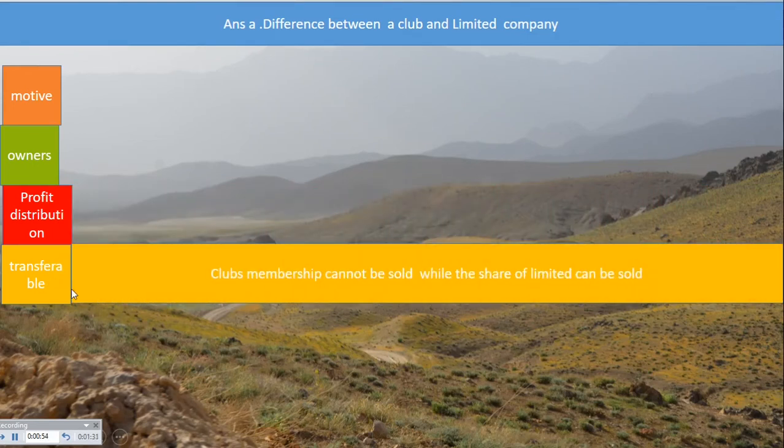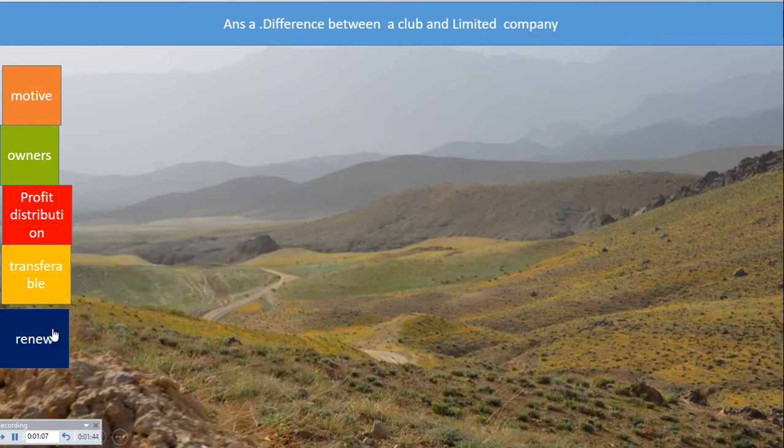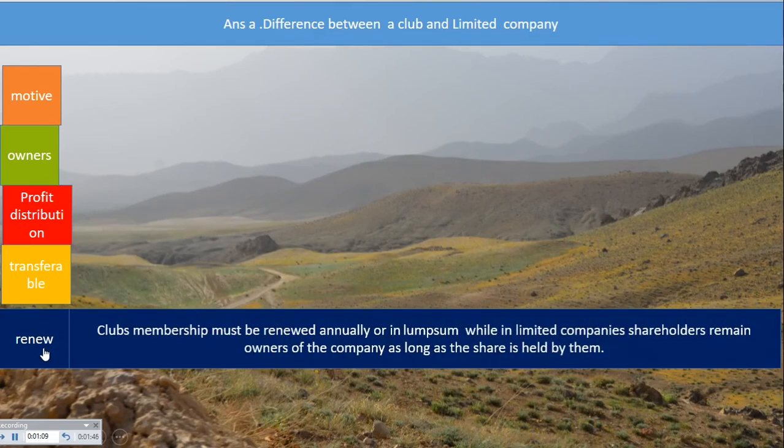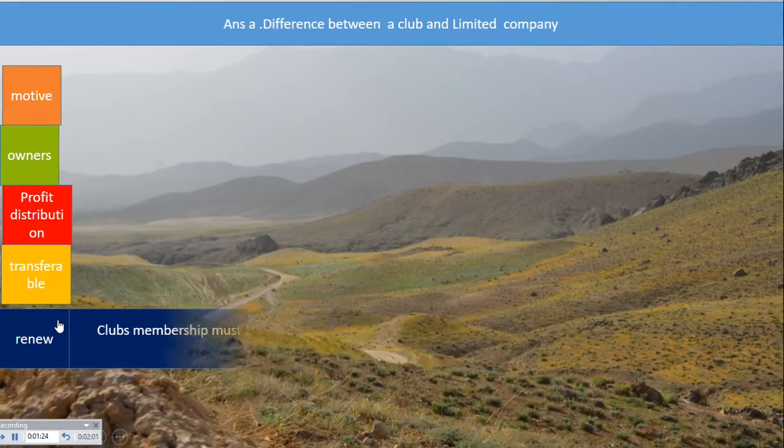Transferability: club membership cannot be sold, so you cannot transfer your membership, but in limited companies you can sell your membership by selling your shares. Renewal: club membership must be renewed annually or in a lump sum, while in limited companies shareholders remain owners of the company as long as the shares are held by them, so they don't need to renew annually. That's the difference here. You can add any two, that's up to you to choose.